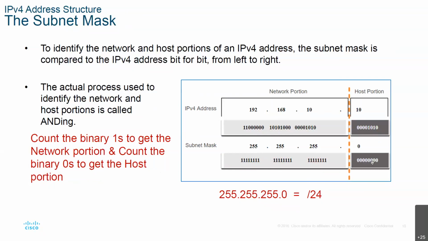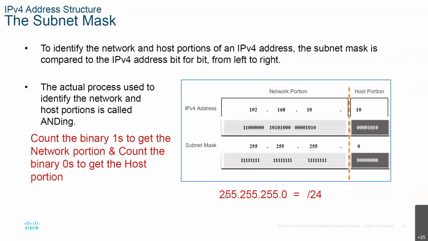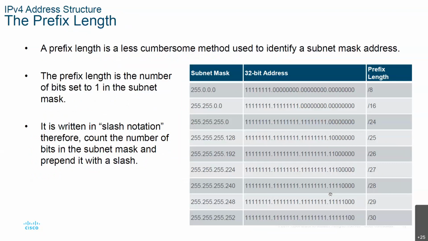Now, next step, we need to find out the prefix. Instead of showing the subnet mask in this way, showing it by using a prefix is much more efficient. So rather than saying your subnet mask is 255.0.0.0, it would be better to do it this way, /8.